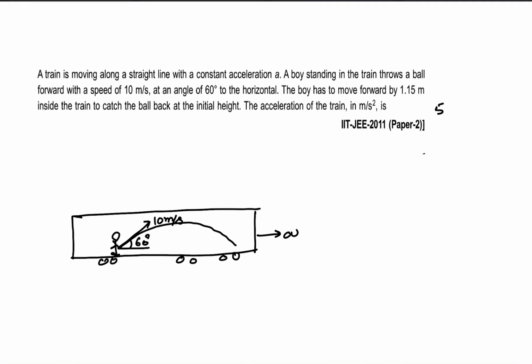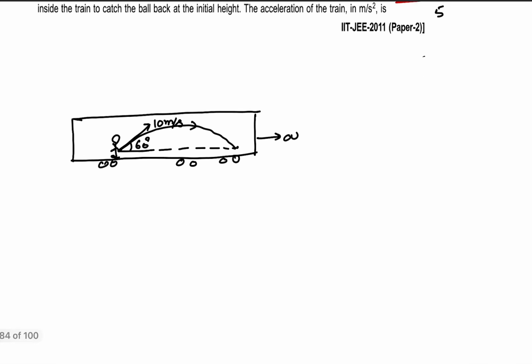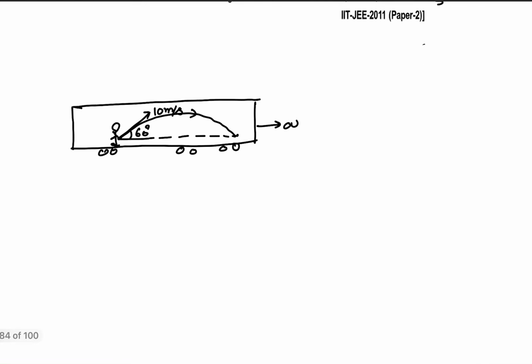Now the ball will take a certain path. According to the question, the boy has to move forward by 1.15 meters inside the train to catch the ball back at the initial height. The same height is where he catches it. The acceleration of the train should be how much?